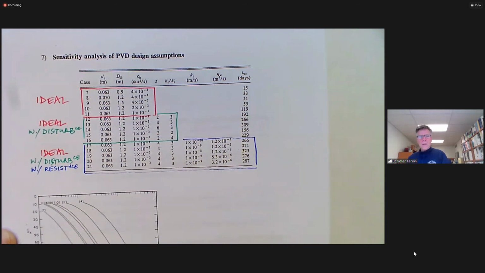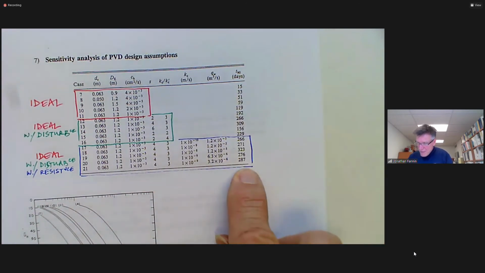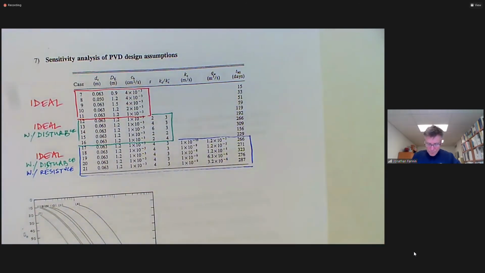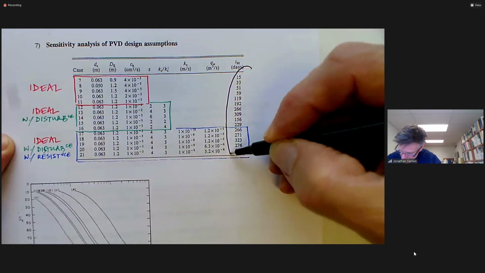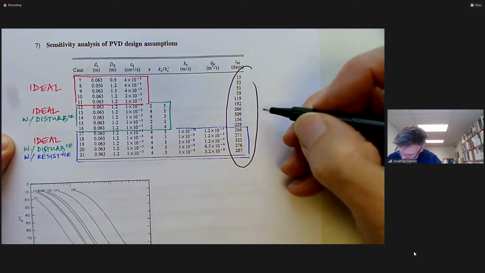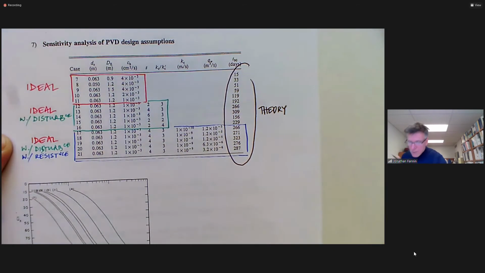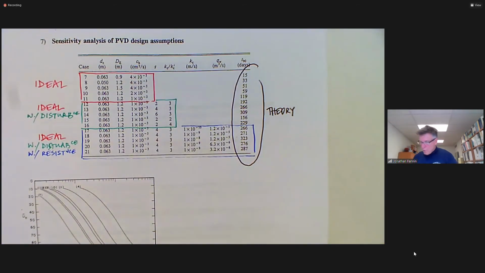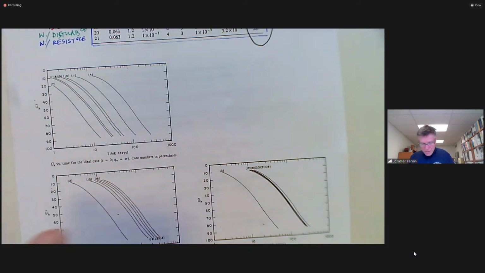Okay. And all of these are modifying the theoretical T90. That's acknowledged, that all of these out here are theory. And all of those curves are numbered and brought out here.